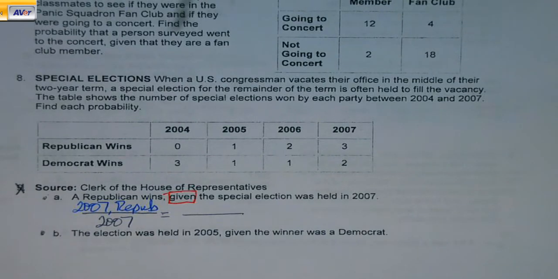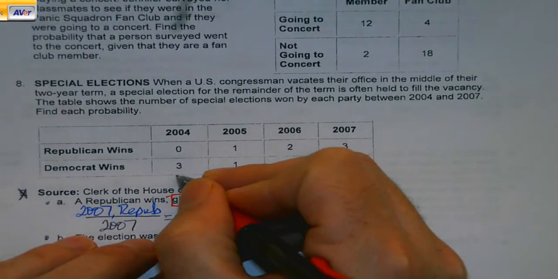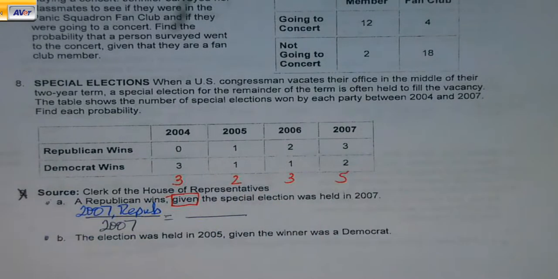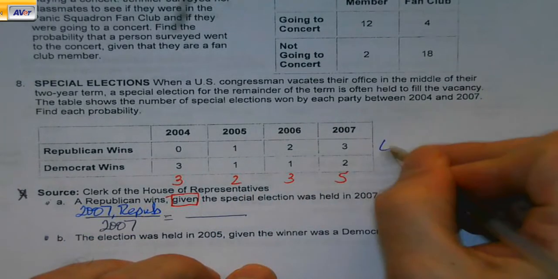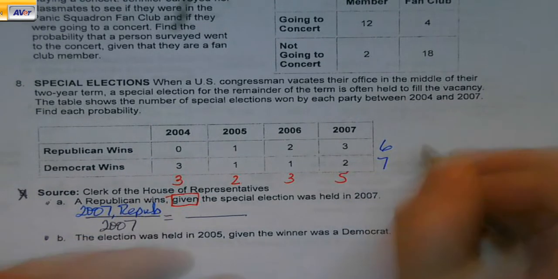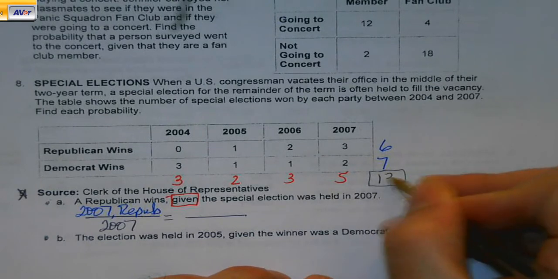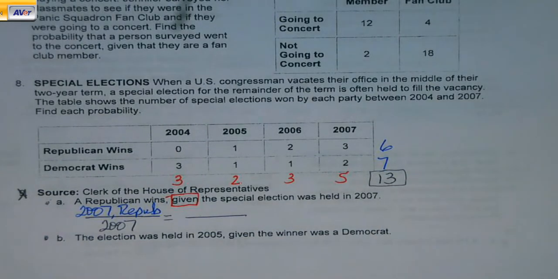So we also chatted yesterday about the idea that it's a good idea when I have tables to go ahead and add all of my columns and all of my rows up, just in case I need a grand total for something.